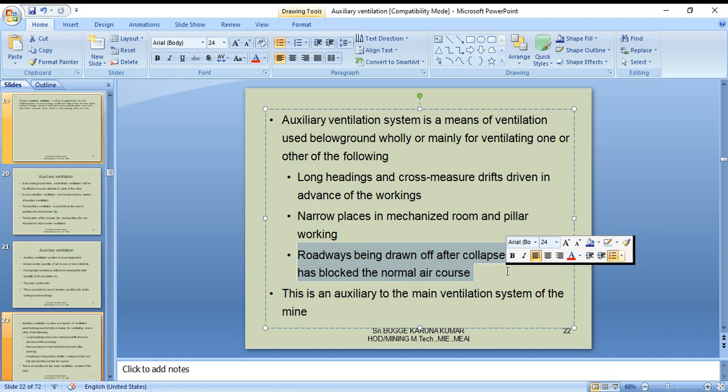Even in the Chile accident, at 300 meters depth, they sent air through a small shaft to the 13 persons buried when all the ways were accidentally closed. Similarly, we can use pipe-type auxiliary ventilation.